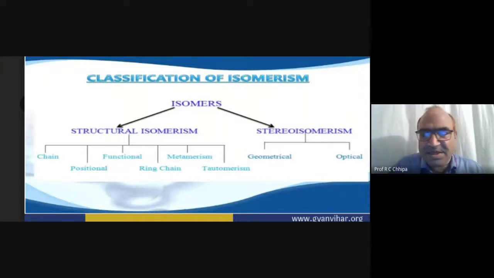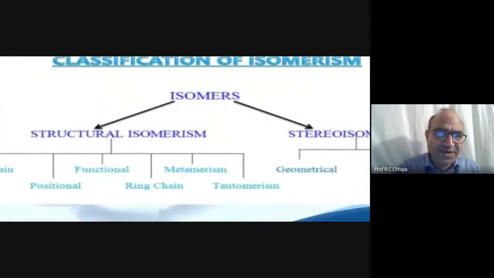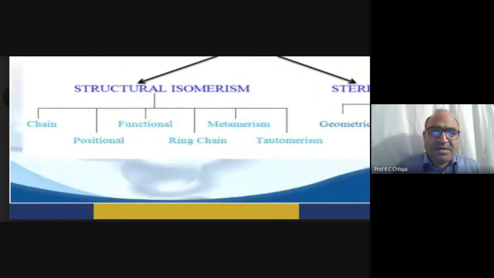The first one is structural isomerism, and the second one is stereoisomerism. Stereo means spatial, that is geometrical and optical isomerism. The structural type, whatever we have discussed, is also of six types. What are those?